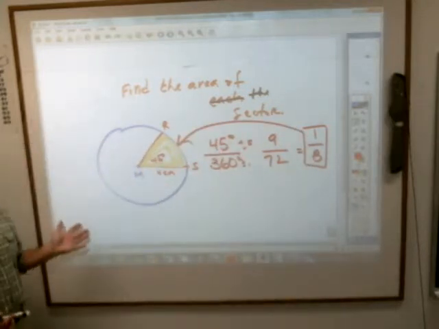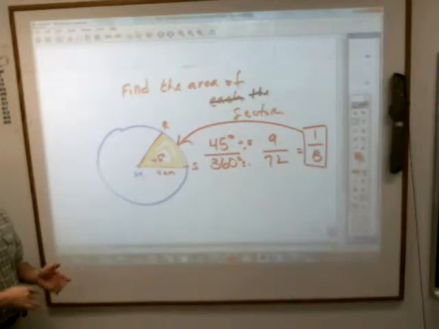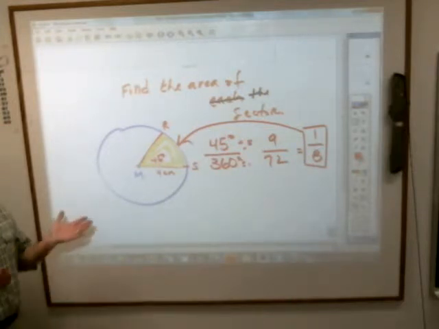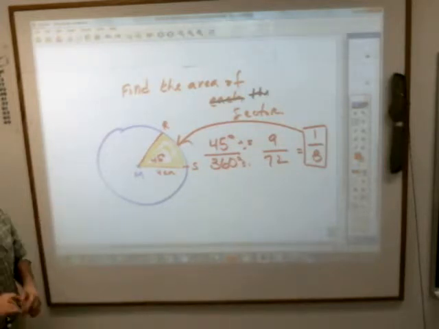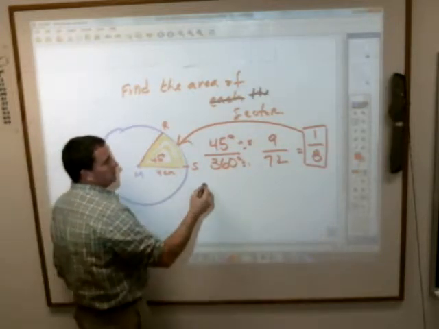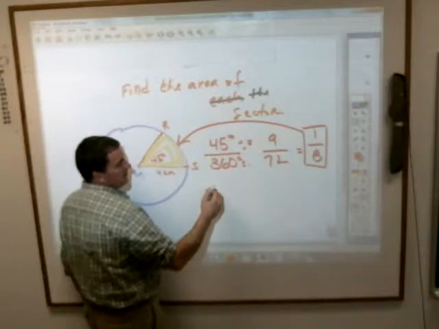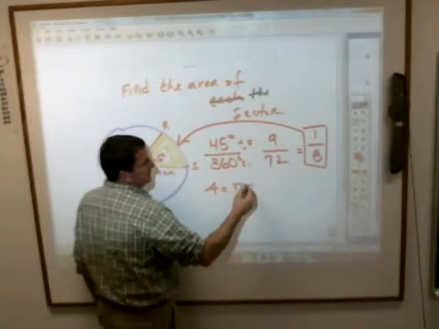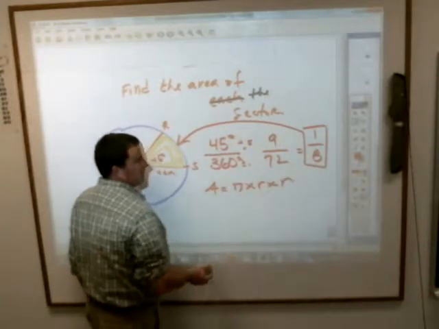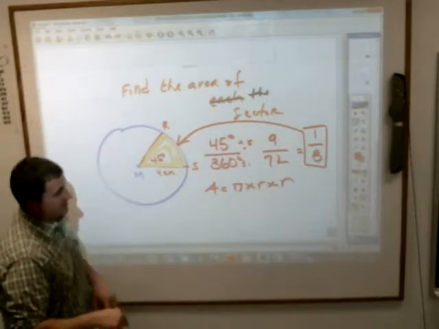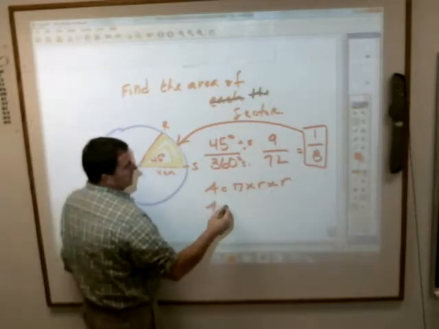So if I find the area of the whole circle, I just have to divide it by 8 because it's only 1/8 of it. So the area of the circle is pi times radius times radius. Now notice I didn't say leave it in terms of pi, so you actually have to do this here. Area equals pi.